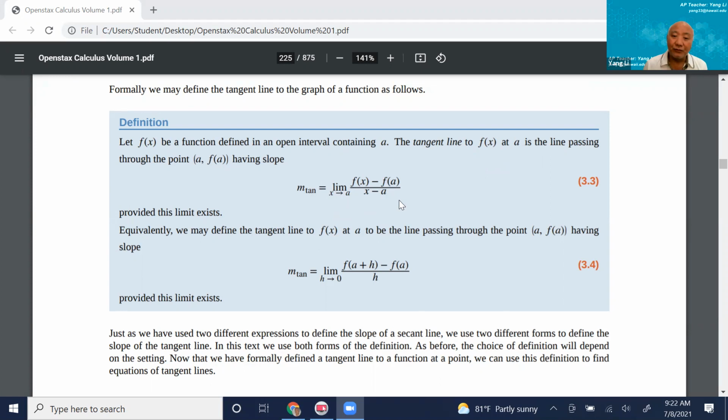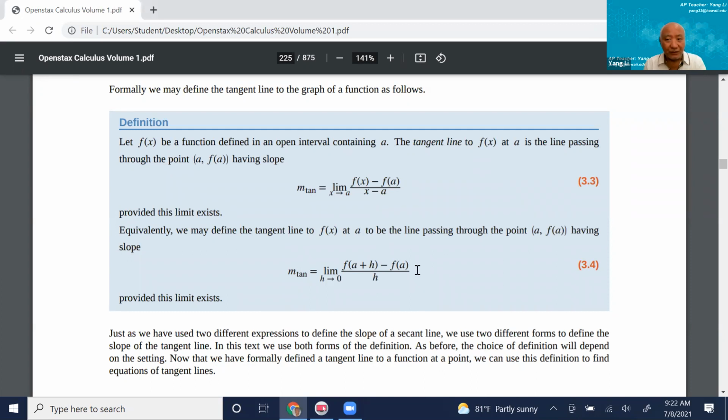And as we mentioned, you can have the other format, starting from a and adding h, so you have this kind of definition. This is based on the previous lesson, and we can formally define the tangent line in two formats.